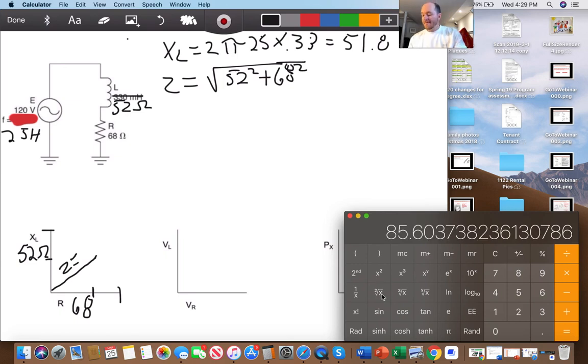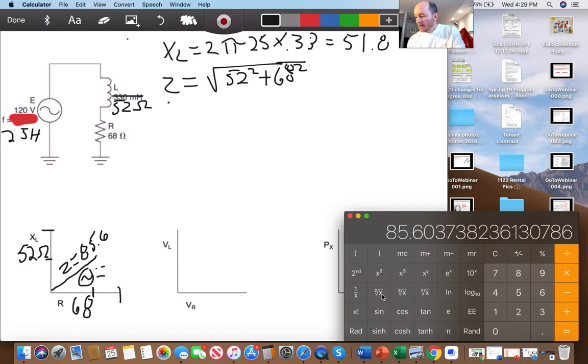I'm at 85 now. Oh boy, drawing 8s on this thing's a nightmare. 85.6. Now, the next thing is going to be to calculate out the phase angle.